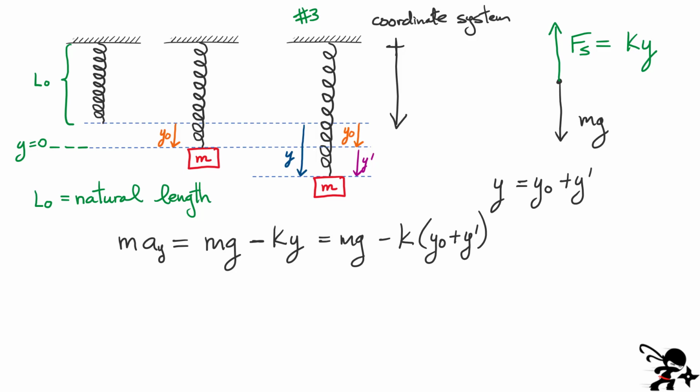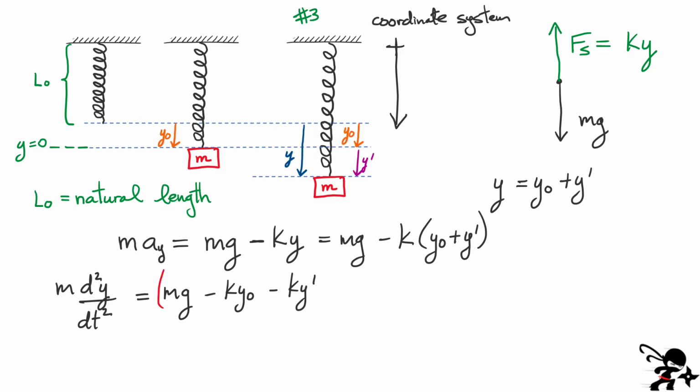That's the definition of it, right? So this is really m times the second derivative of y with respect to t squared, equals, now let's distribute this negative sign through. So we have minus k y0, okay, what else? Minus k y prime. All right, now there's a couple important things here. What's a little bit tricky is you have y and here you have y prime, but we'll take care of that.